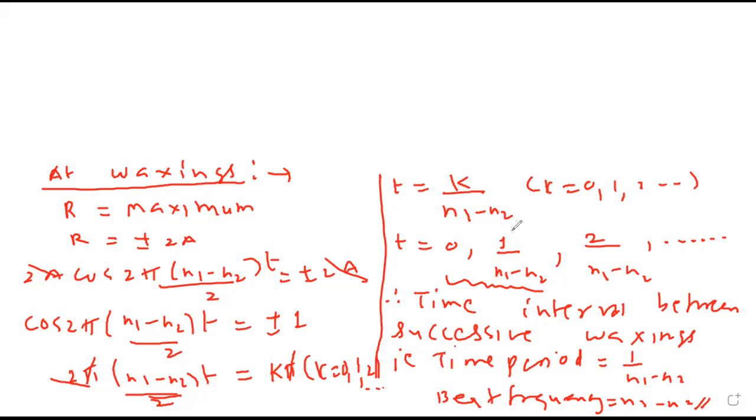Yes, sir. Now exactly the same formula we should get even at waning. Waning means the resultant amplitude will be 0.